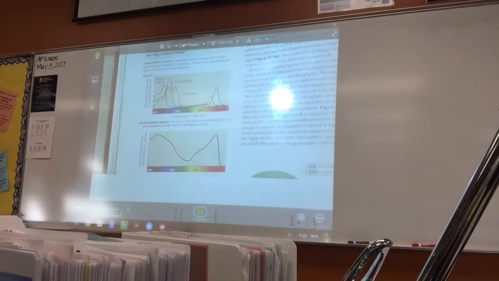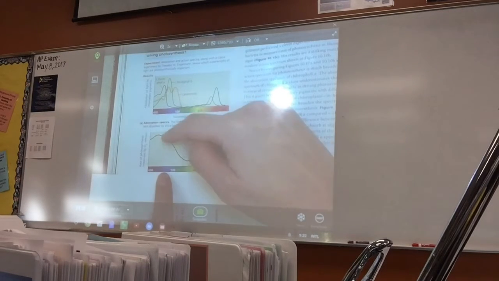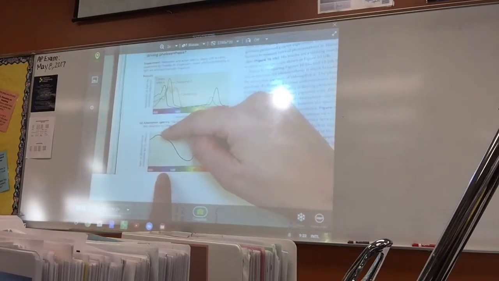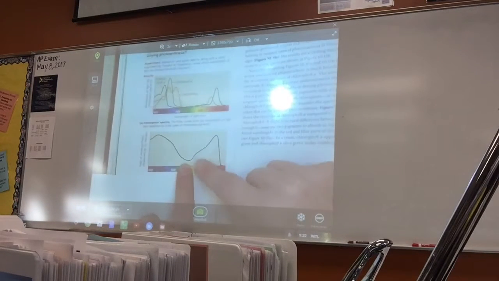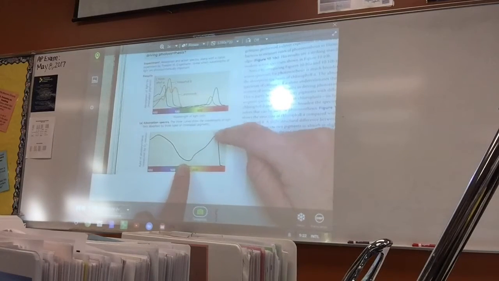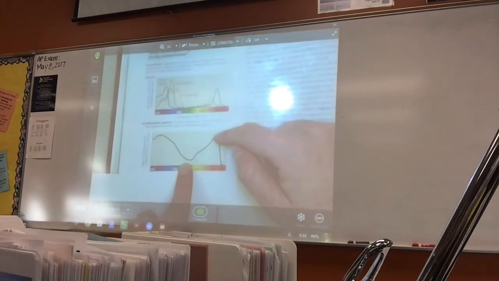I said that from like 400 to like 450-ish, it's increasing, but then it decreases until like 600. Okay, all right. And then picks back up here, right? With peaking at maybe 680 or something like that.